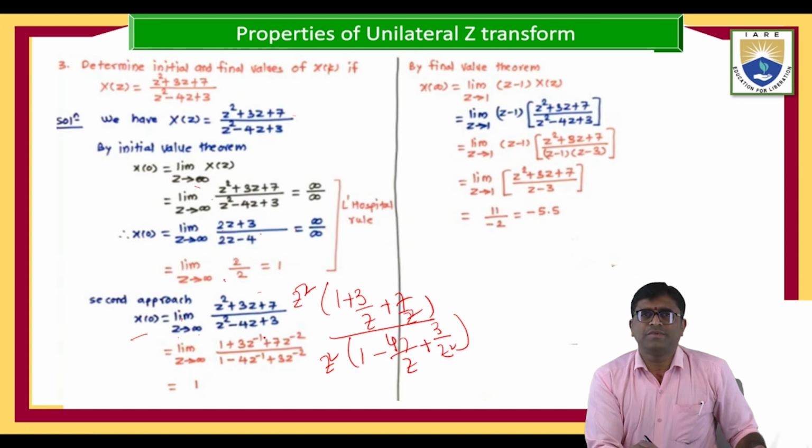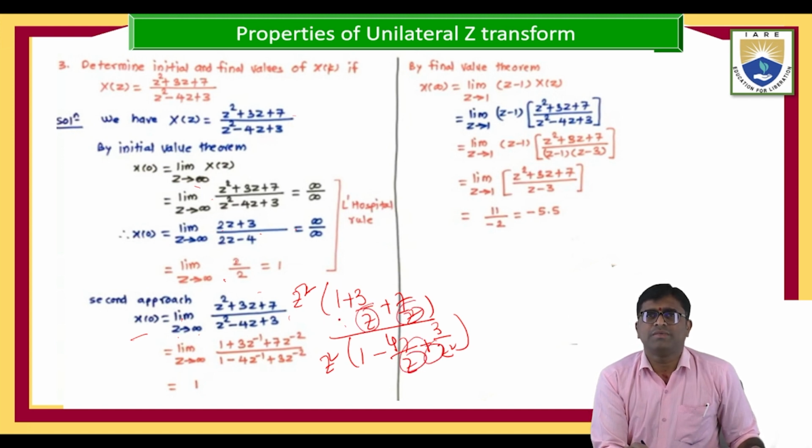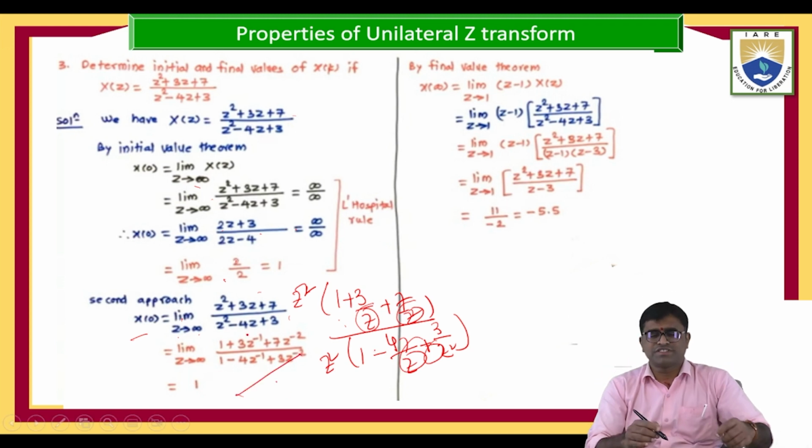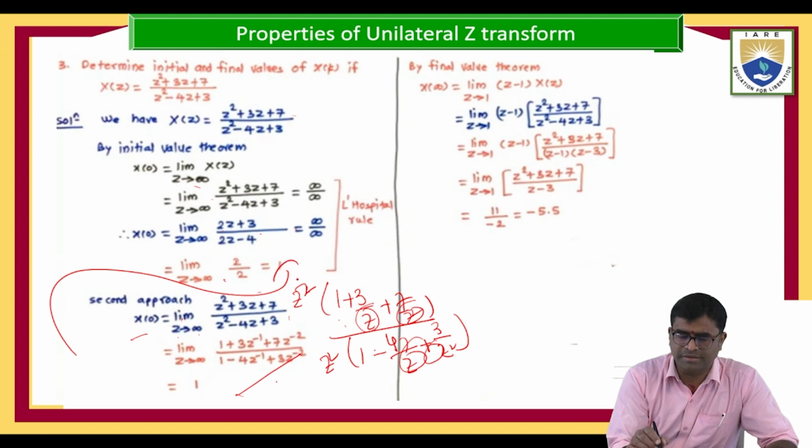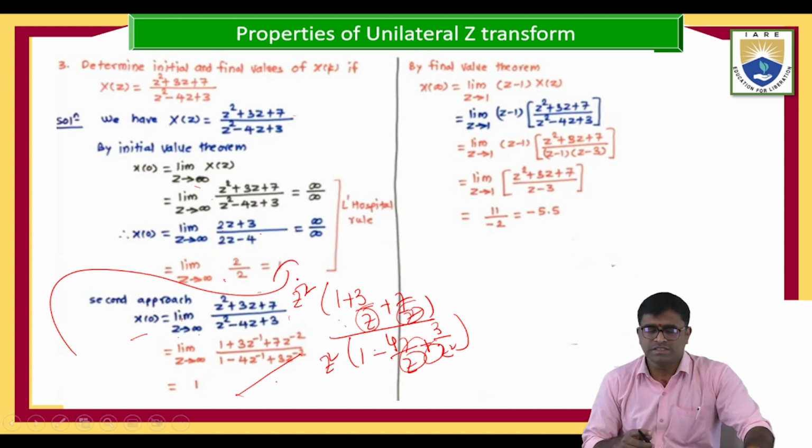If you substitute the limit as z tends to infinity, something by infinity is 0, so those terms are 0. Only 1 by 1 is there, so we get 1. Similarly, the first approach also gave 1. This is the second approach.